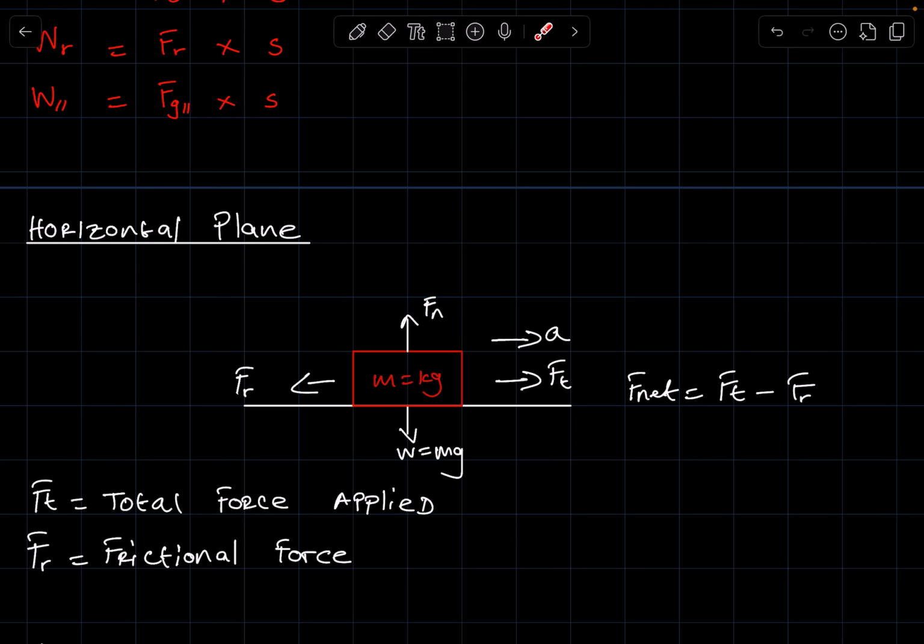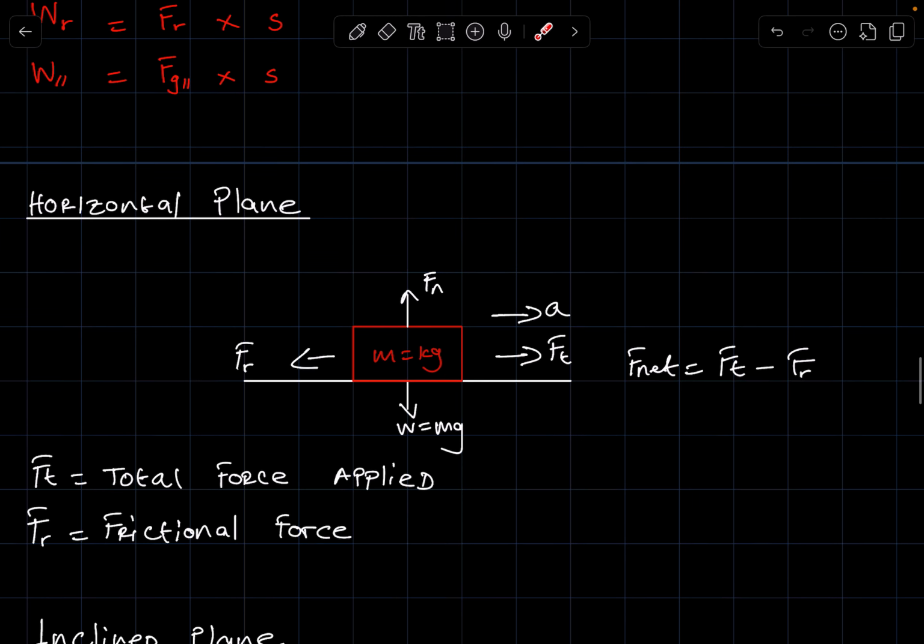And how we look at those forces is based on along which plane the object is moving. The object could be moving along the horizontal plane, it could be moving along the vertical plane, but it also could be moving along the inclined plane.